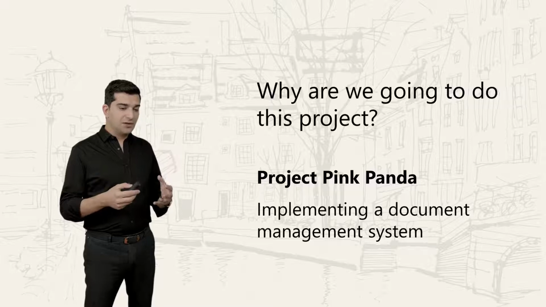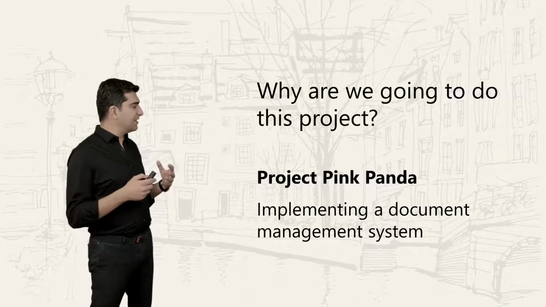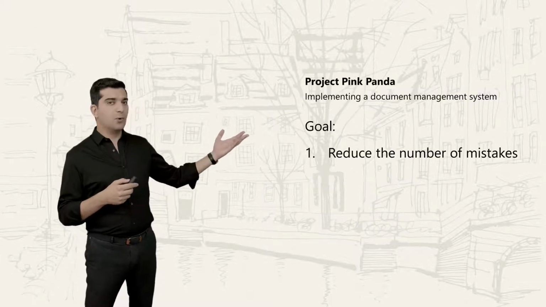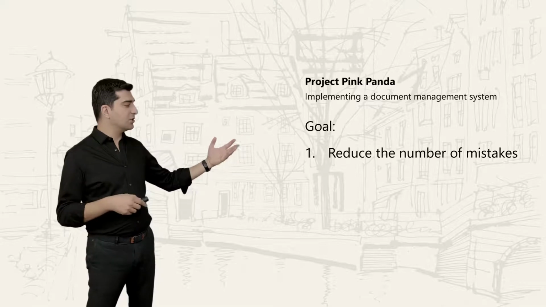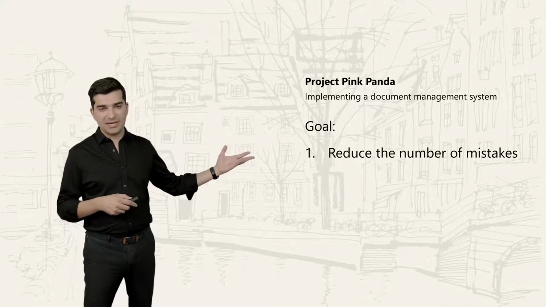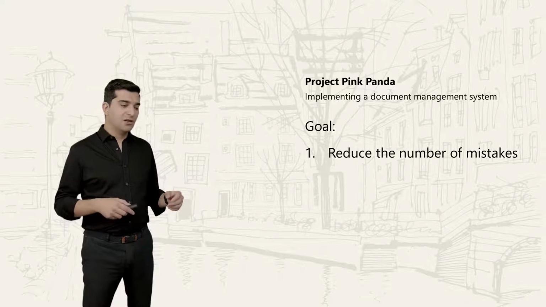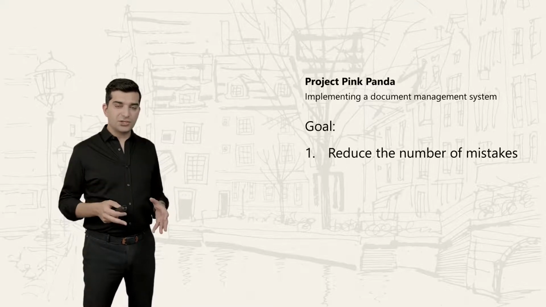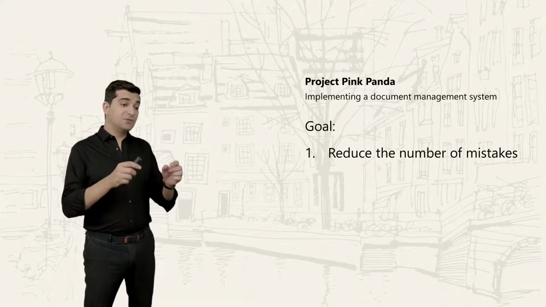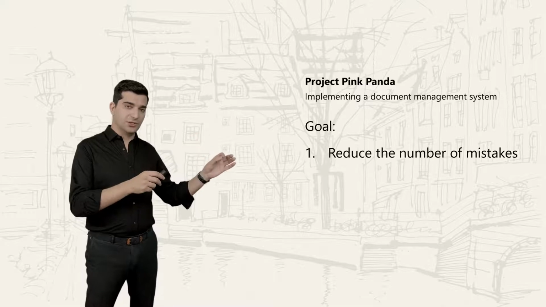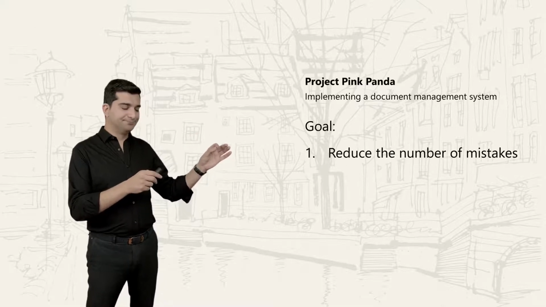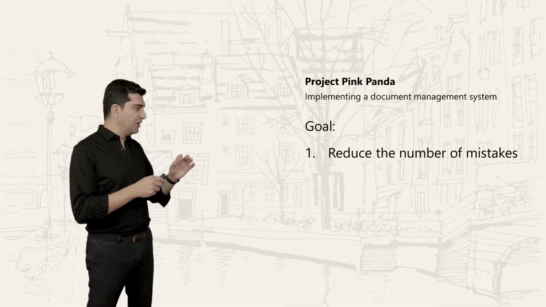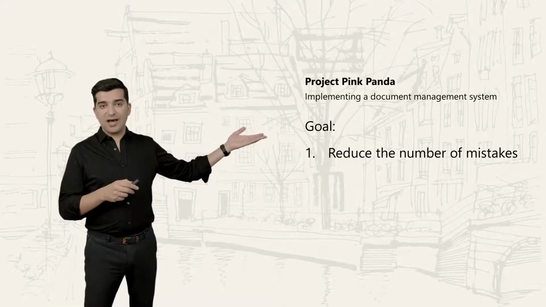You interview all of them and understand that, for example, one of the reasons that they want the product of this project is to reduce the number of mistakes that they are making in the company. For example, there are usually different versions of different documents, and sometimes people are working with the older versions. That's a big problem and very common. So one of the reasons is that they want to avoid that.